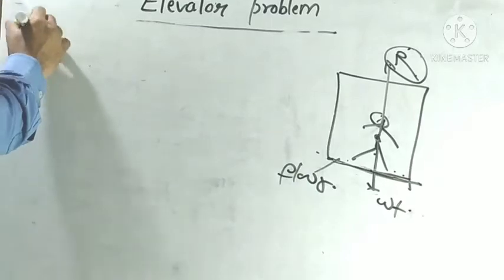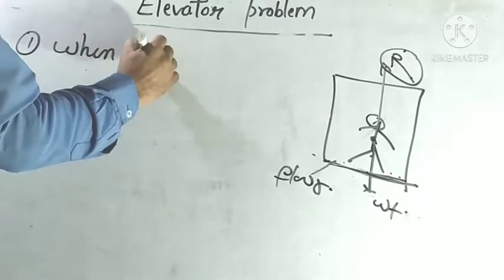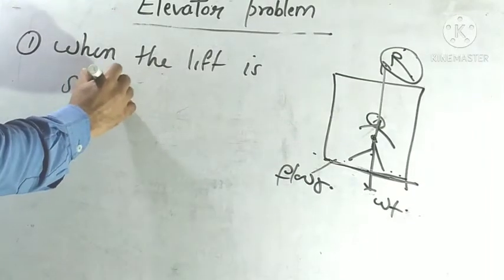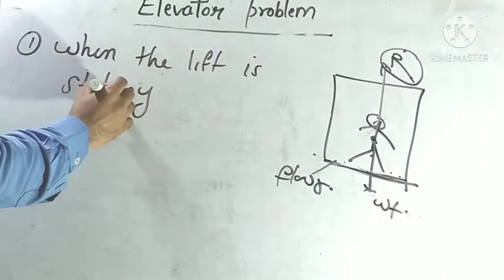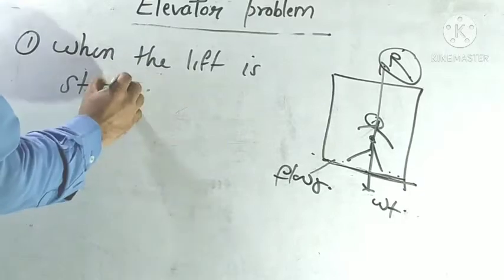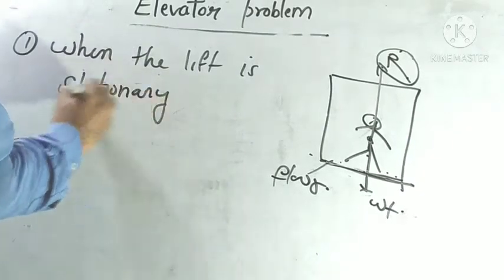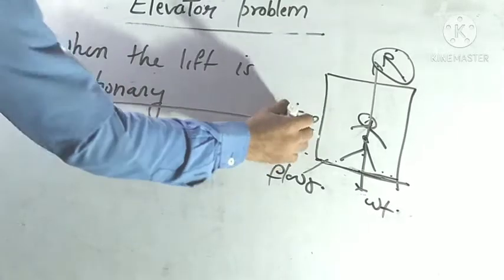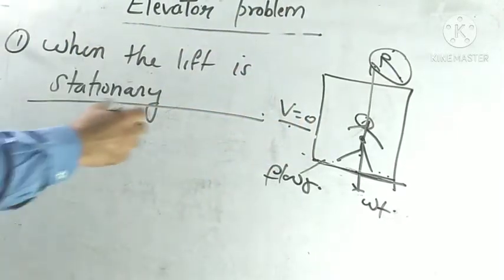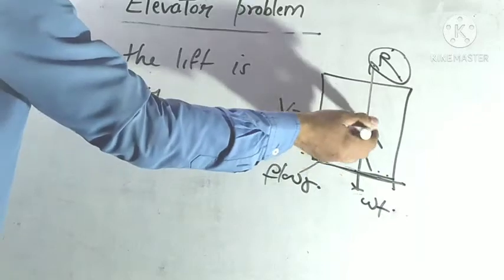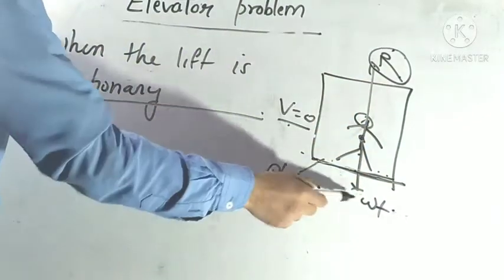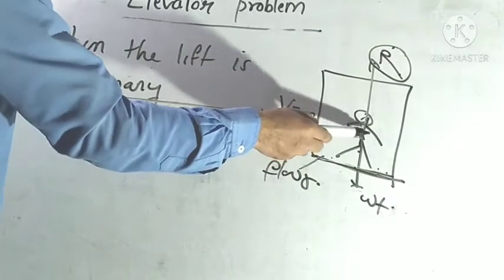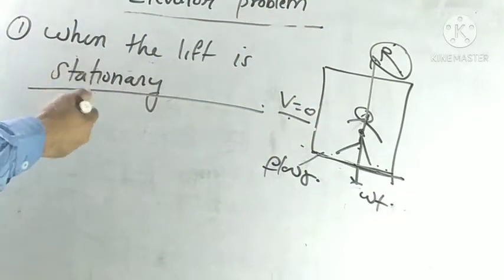Our first case is when the lift is stationary. In this case, velocity is equal to 0, the lift is at rest. So what is the net force on this body? There are two forces working on this body: the weight works vertically downward, and the normal force works vertically upward. If this person has mass m, the weight is mg.